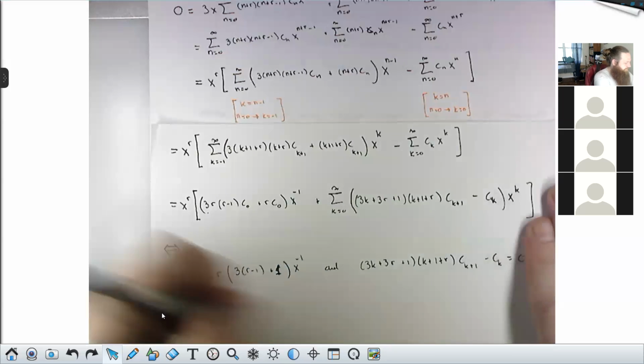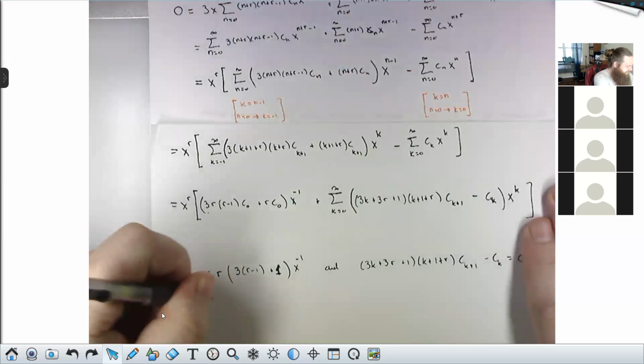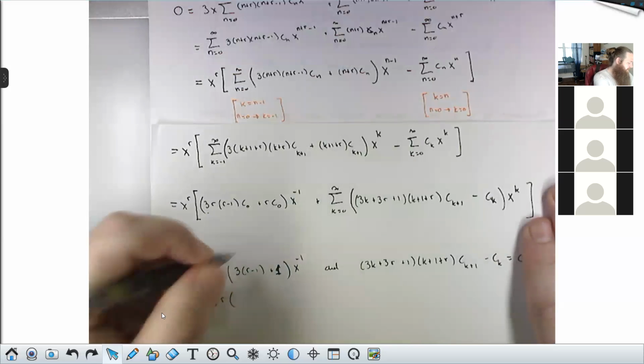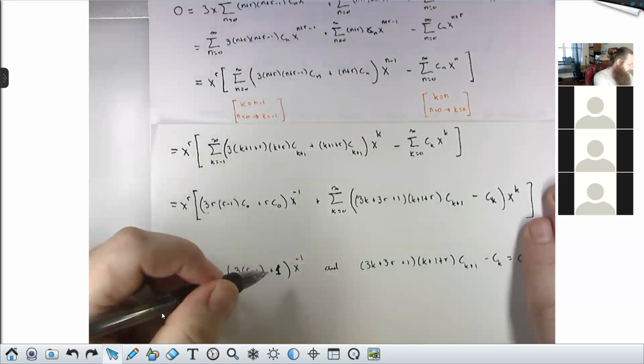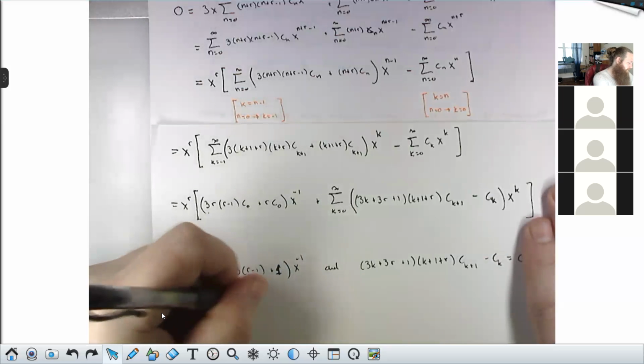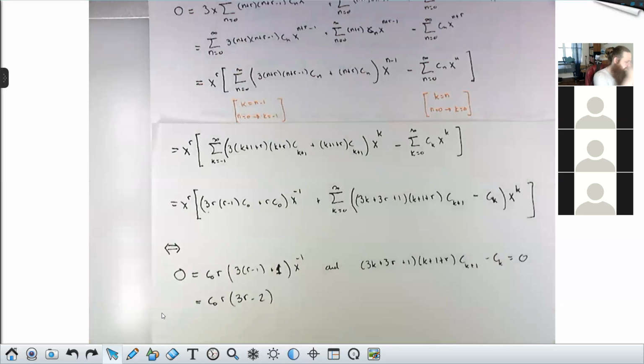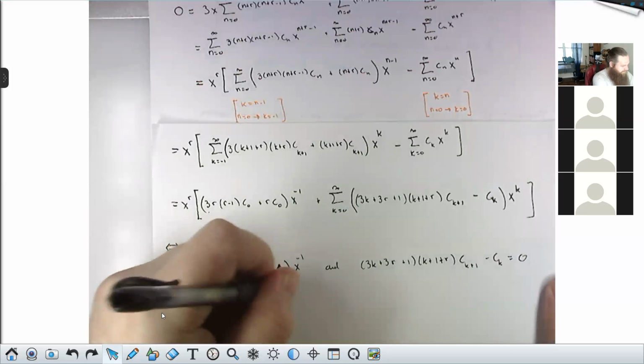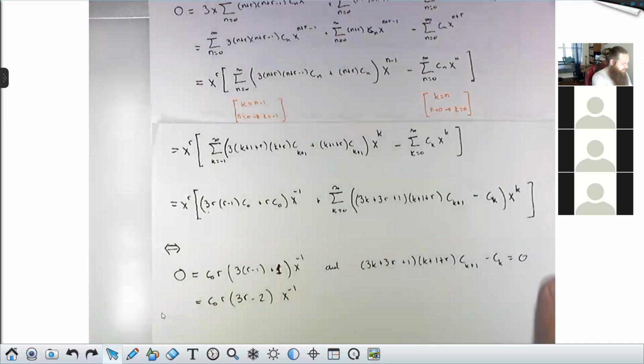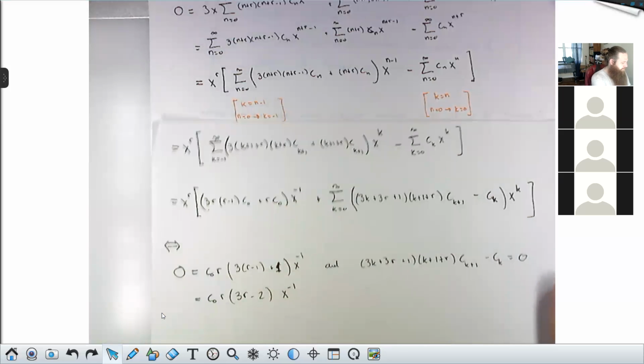So we get C naught times r. And then here I'll have 3r minus 3 plus 1, which is 3r minus 2, times x to the negative 1. And over here, I can rearrange this. But before I rearrange this, I'm going to take this guy and do something with it.